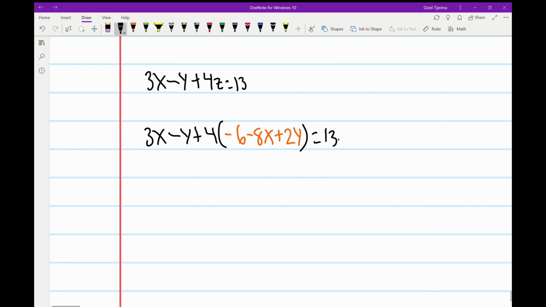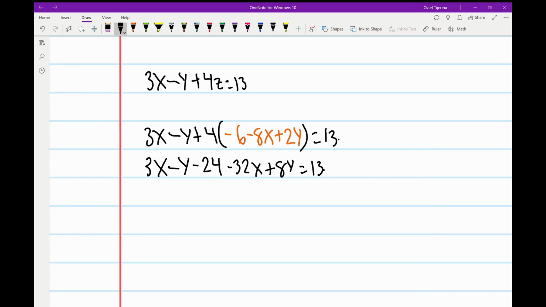So we have 3x minus y minus 24 minus 32x plus 8y equals 13.